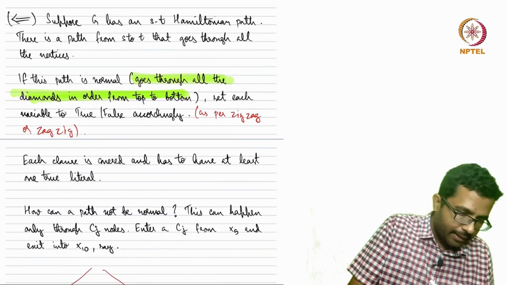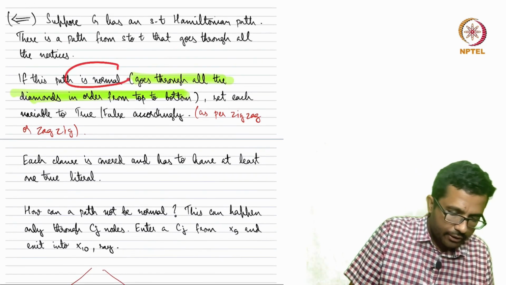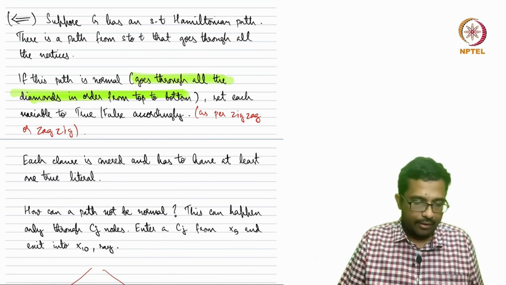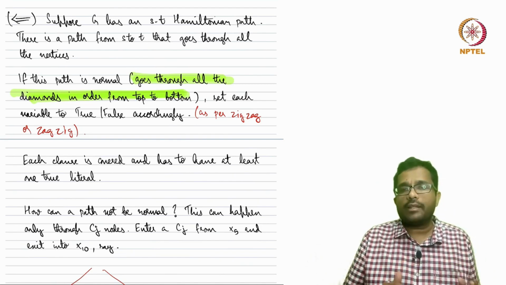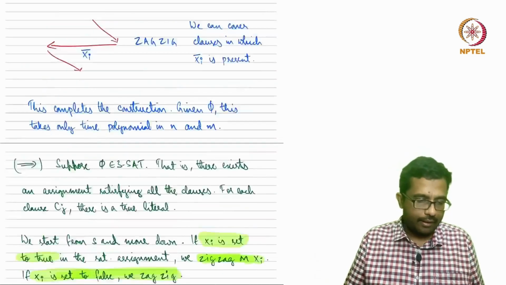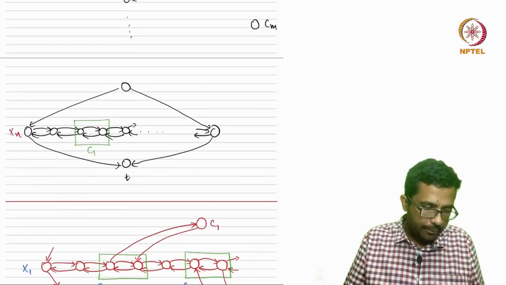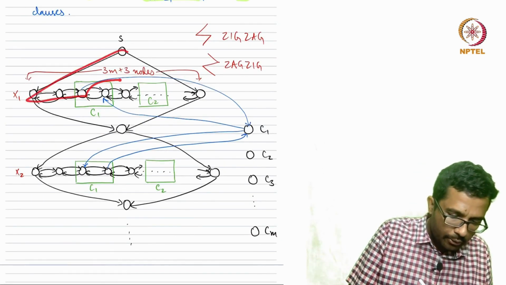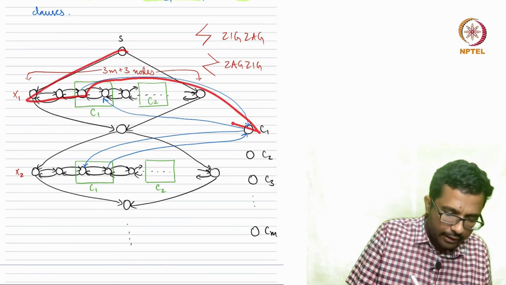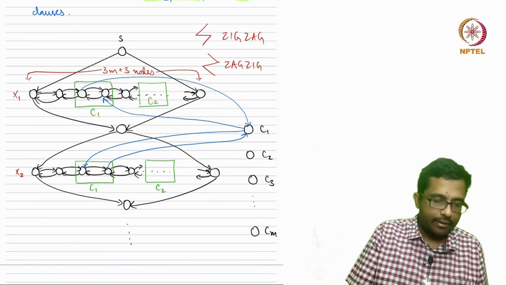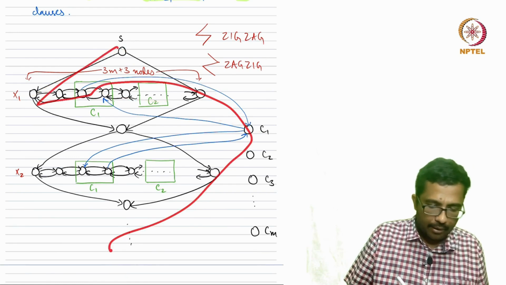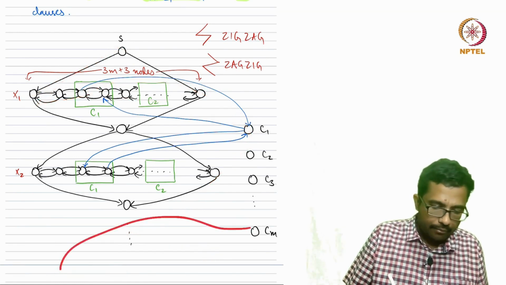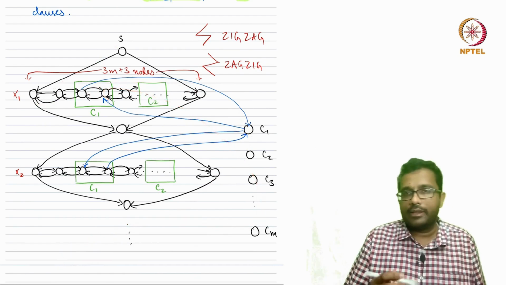Now there is a certain assumption that we made here. If this path is normal, this is fine. Is there a way in which a path may not be normal? The only way is, suppose we start here, then we go to a clause, then instead of re-entering back to the first diamond, we re-enter some other diamond, and then we continue, and then maybe we come back to the first diamond through some other clause.